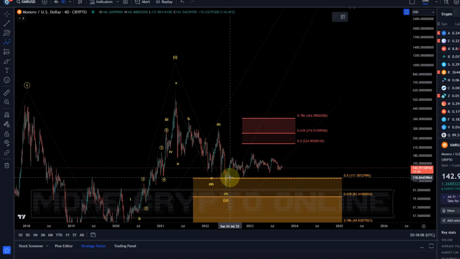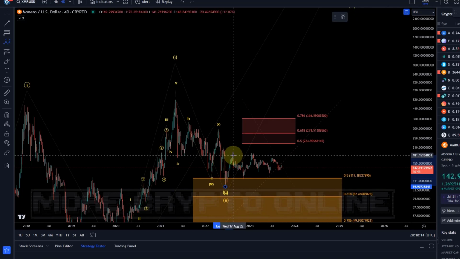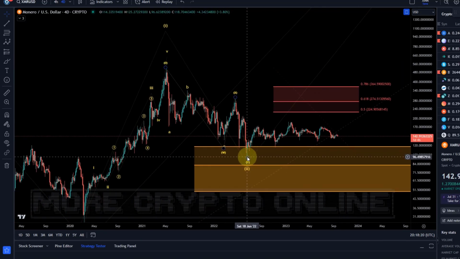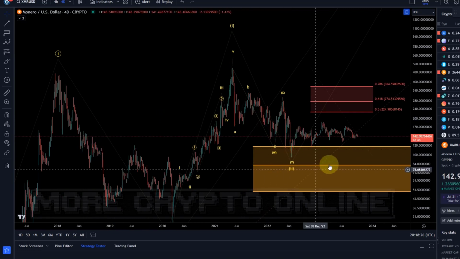If it's bullish, then I would argue that this here was probably a wave 1. So obviously we now need to look at, this is a wave 2.